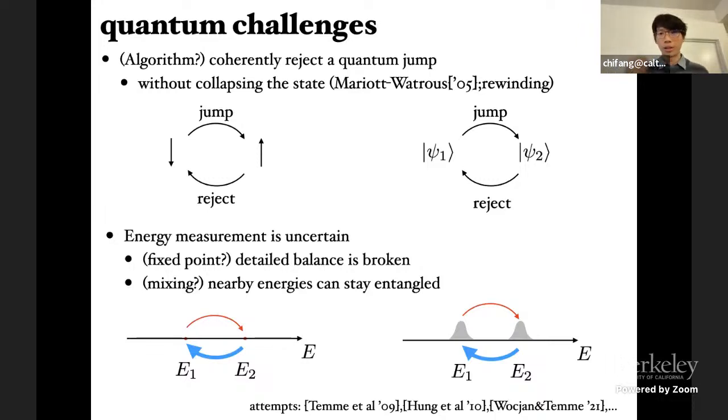But quantumly, you cannot measure the state, you cannot collapse the state, and you also cannot clone the state. So I have to do this more carefully, you have to cook up some algorithm that does this job. To some of you, you might have recognized what this algorithm is doing. Marriott-Watrous. And the problem is that if you want to do this algorithm, this problem becomes very convoluted once you consider the challenges below. Okay.